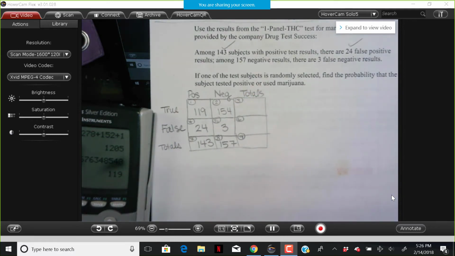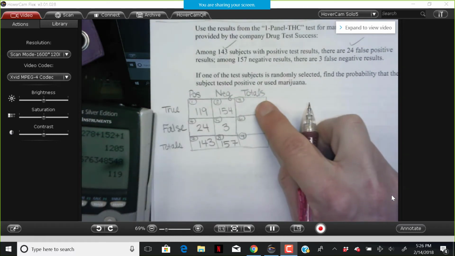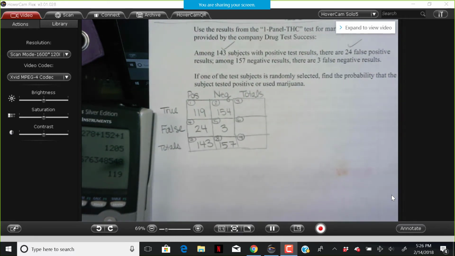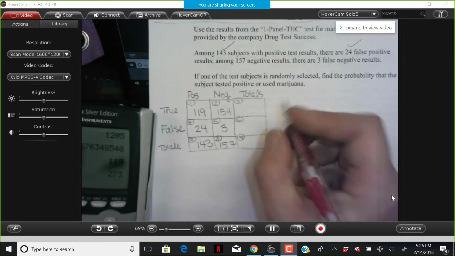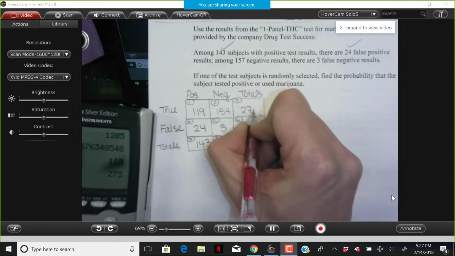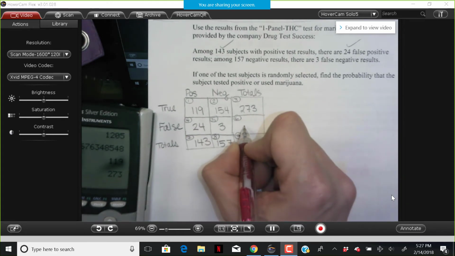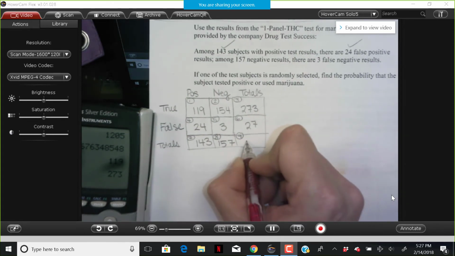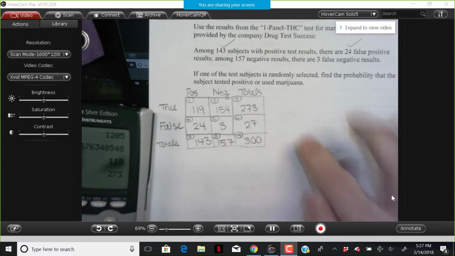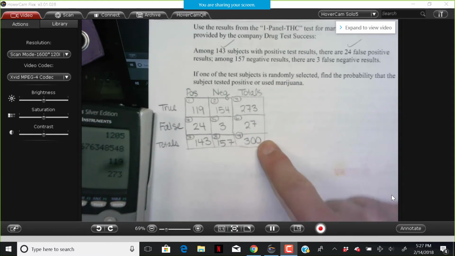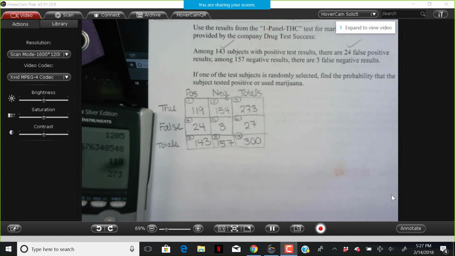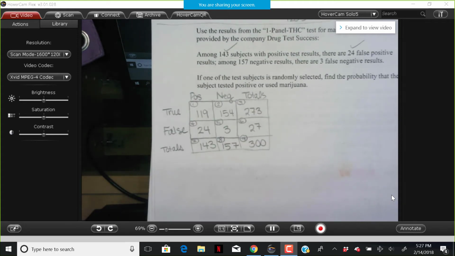And then how am I going to get box 3? Right, just add straight across. 273. And then the same thing, the next row will be 27, and then 300. And it doesn't matter if you add down or across, you get 300. So that means there were a total of 300 people in the study.